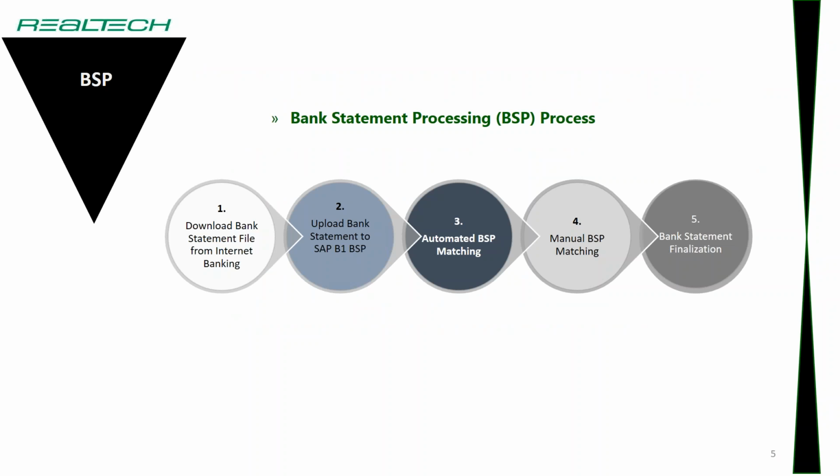There are 5 simple steps when using BSP for SAP Business One. Download the bank statement and upload to SAP Business One. Let the system do the amazing transaction matching, manage exceptions, and then finalize the bank recon.